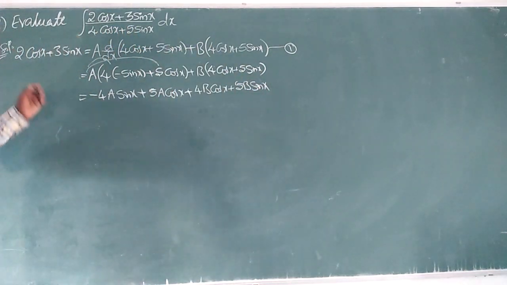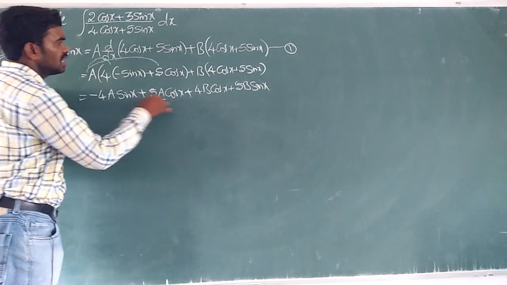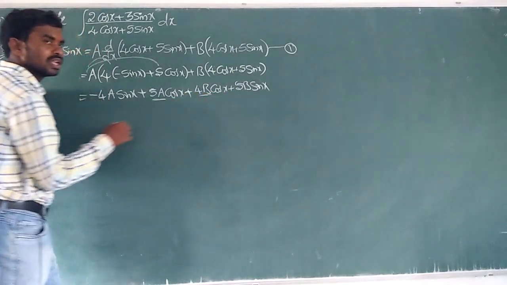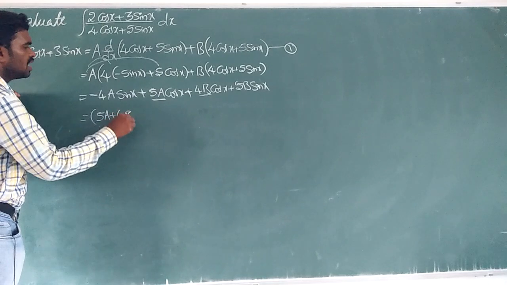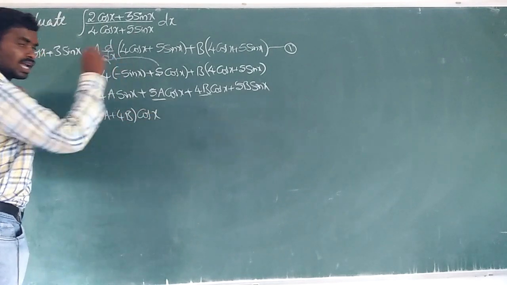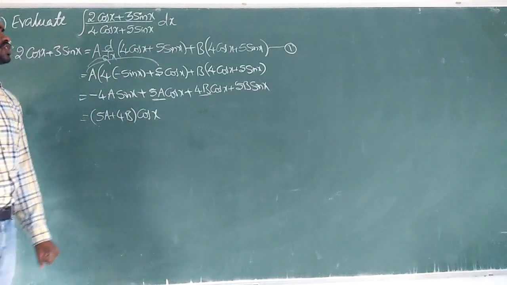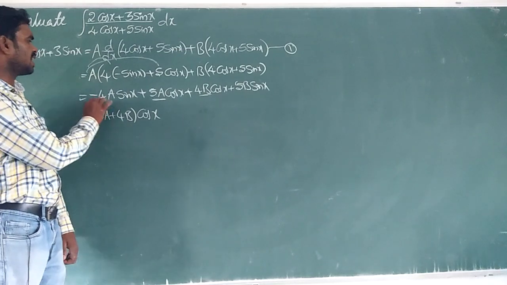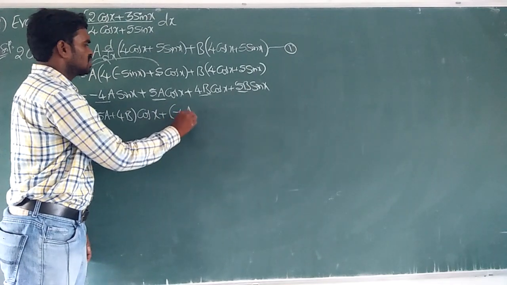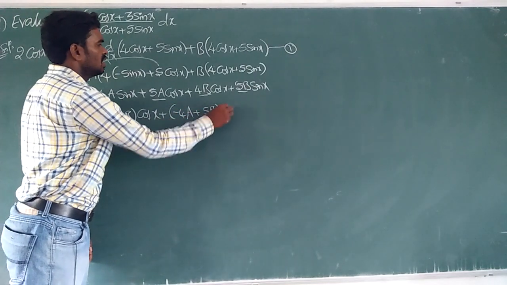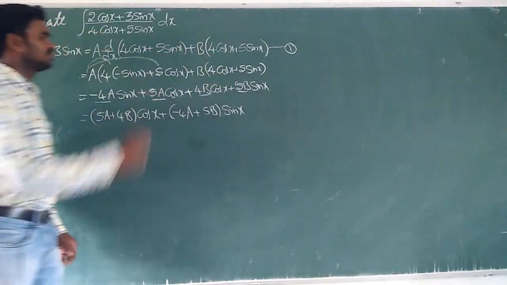Now what are the cos x coefficients here? 5A cos x, coefficient here 4B. So we get 5A plus 4B into cos x. Next, sin x coefficients. Here minus 4A, here 5B. So plus minus 4A plus 5B sin x.